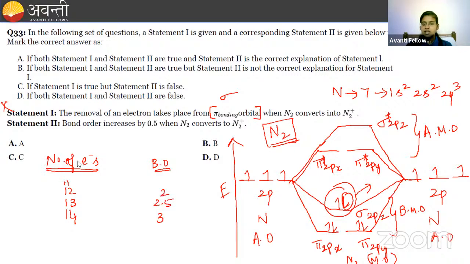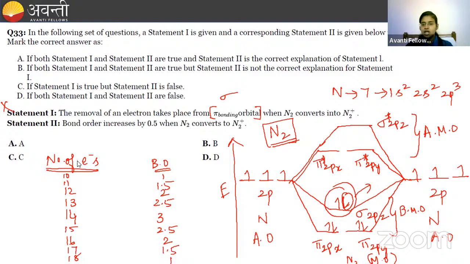If it is 11, 1.5. If the number of electrons is 10, then the bond order is 1. In the same way, going the other direction, if we have 15 electrons, the bond order is 2.5. If we have 16 electrons, it is 2. If we have 17 electrons, it is 1.5. And if it is 18 electrons, it is 1.